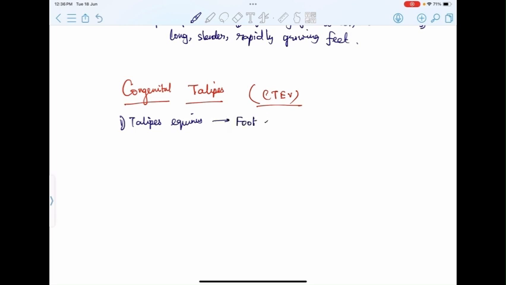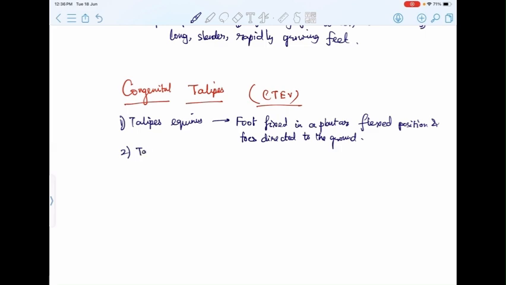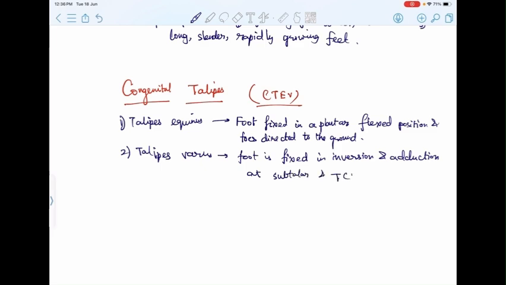Foot fixed in a plantar flexed position and toes directed to the ground. Done. Talus varus. Foot is fixed in inversion and adduction at subtalar and talocalcaneonavicular joints.